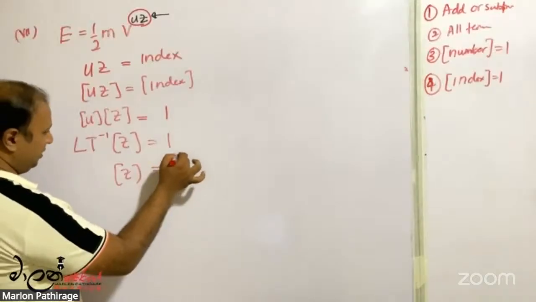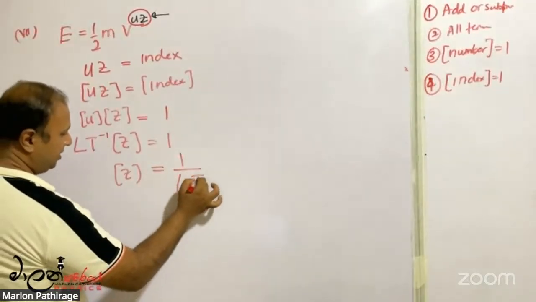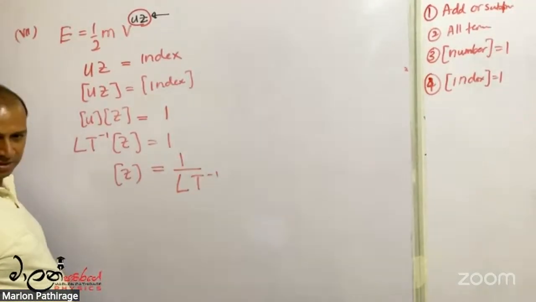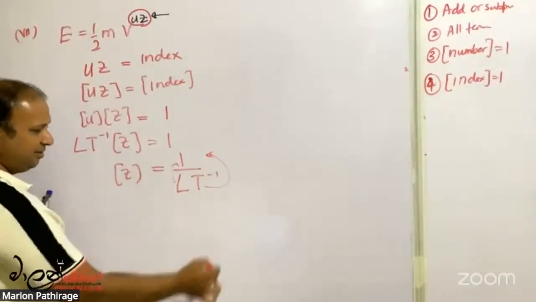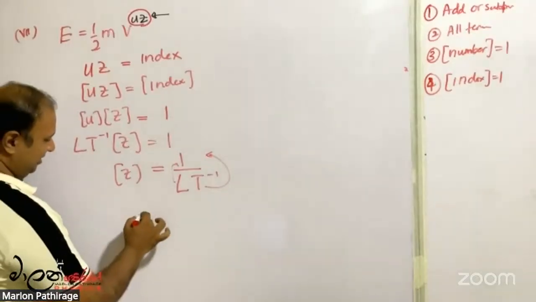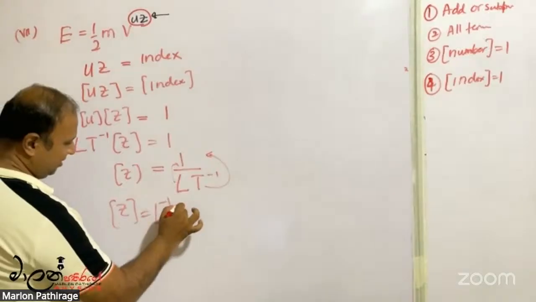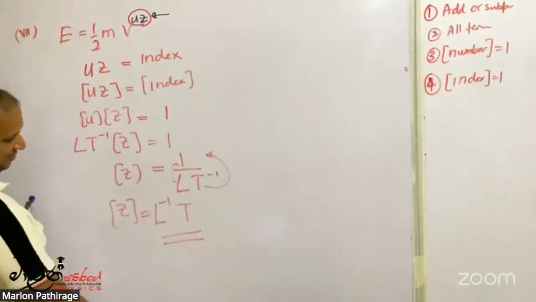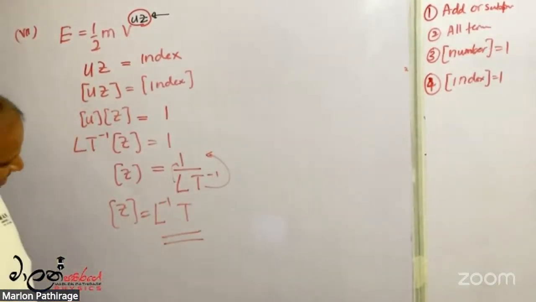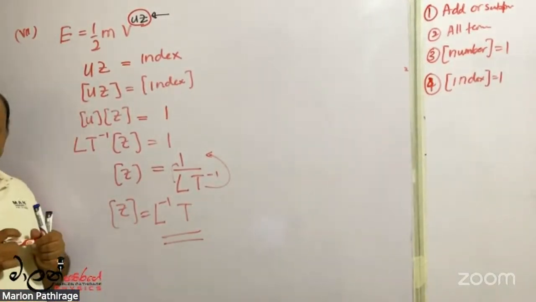Therefore, you have to divide, that is cross multiplication. Therefore, this is equal to 1 over LT minus 1. Then take this into the numerator. Then this is equal to L minus 1 T plus. That is the topic.